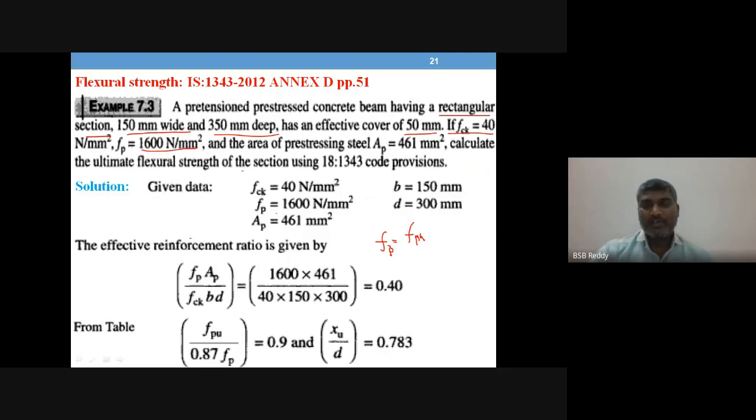The area of prestressing steel is given as 461 mm square, AP or APS, both are the same. Calculate the ultimate flexural strength of the section using, it's not 18, it is IS 1343 2012, the latest code. Some typographical errors are there in the textbook. Just be careful when you are reading it, and make necessary corrections wherever you find a mistake.